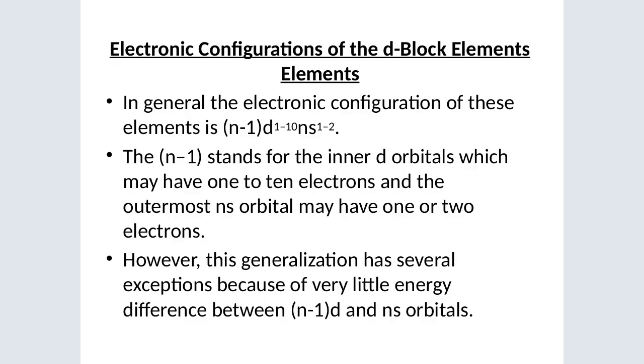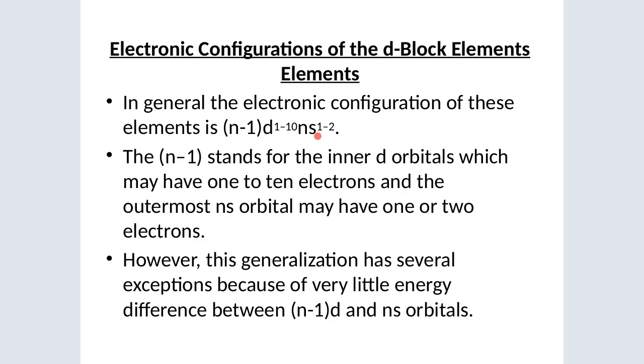If you consider the electronic configurations of these elements, we can have a general configuration where you have the penultimate D orbital being progressively filled from 1 to 10, where n-1 means it is the penultimate.